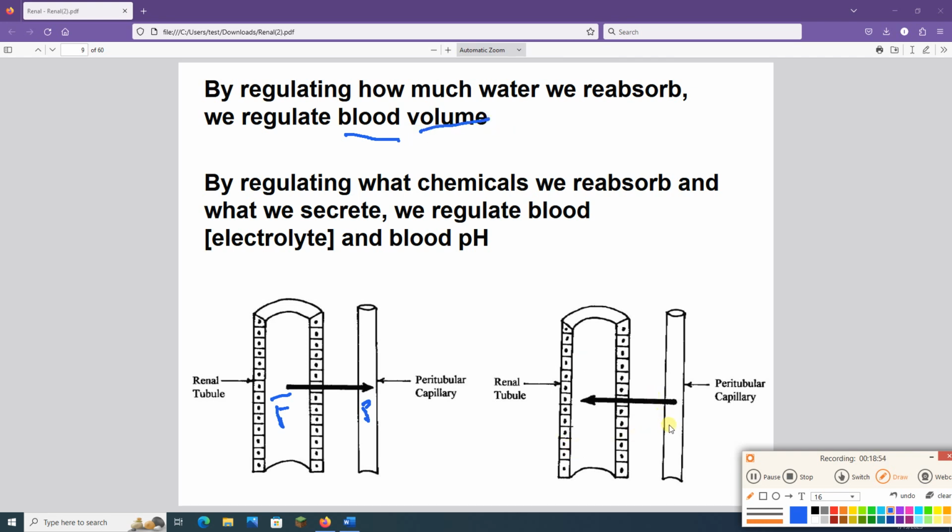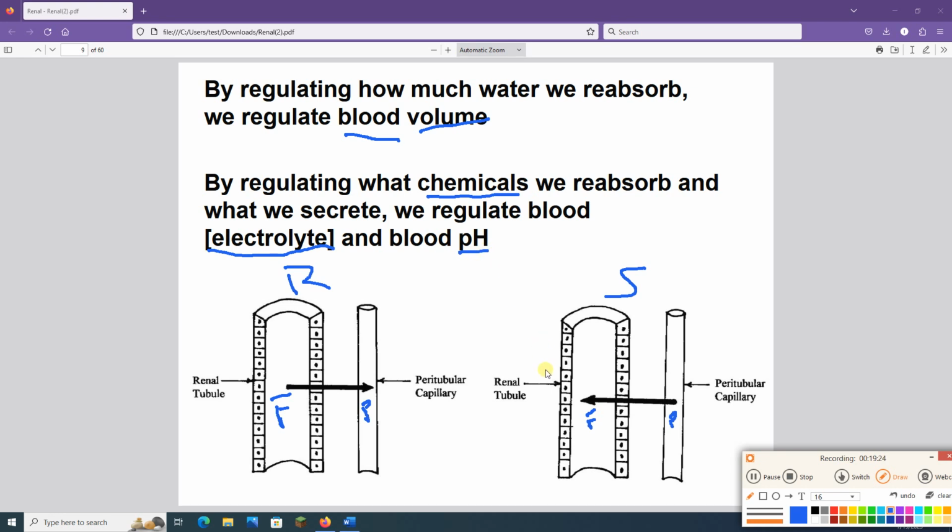Now, this picture over here shows secretion, where I'm taking stuff from the plasma and adding it to the filtrate. I usually do that with wastes. Now, if I'm going to regulate the levels of chemicals that I either reabsorb or secrete, I can regulate things in my blood like its electrolyte concentrations, its calcium, potassium, sodium, etc., and also its pH.